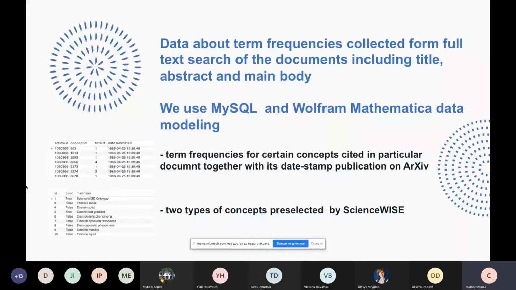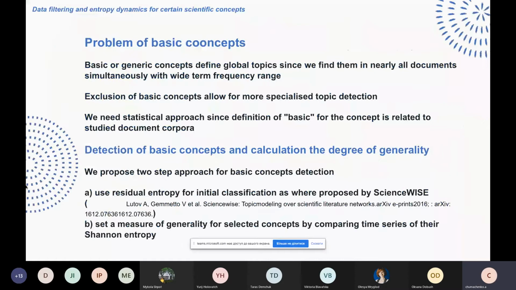This problem was first opened and some ideas proposed by the ScienceWise company. They said that if we have basic concepts which appear in nearly all documents over a very wide frequency range, we need to exclude them somehow. They did it with certain methods that we will explain a bit later, and found a way to extract these basic concepts.